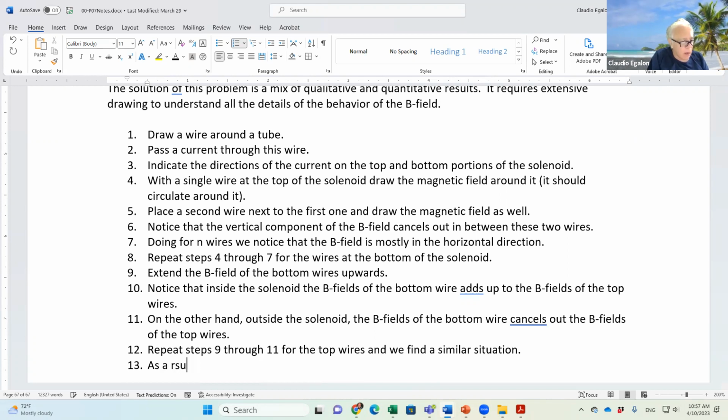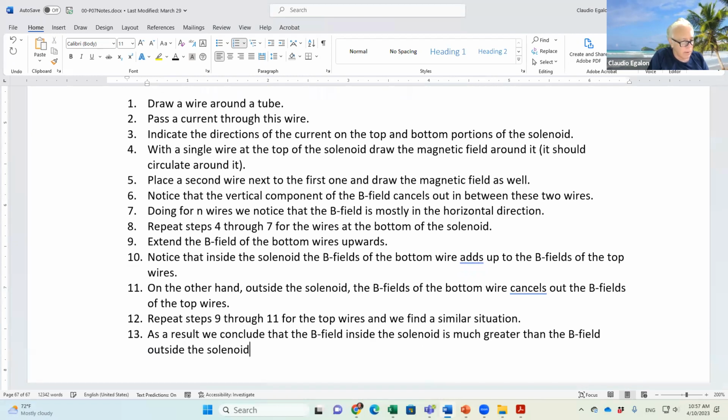As a result, we conclude that the B field inside the solenoid is much greater than the B field outside the solenoid. Okay?